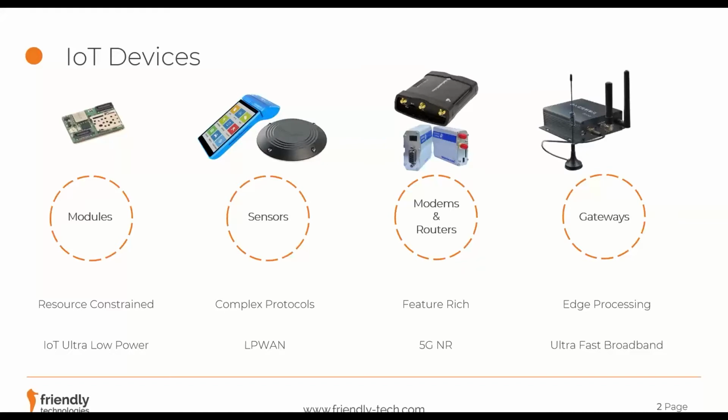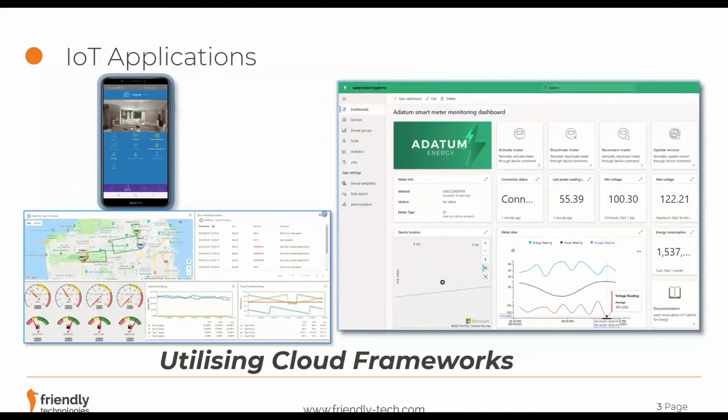Okay, so from a device's point of view, you have all this complexity, different protocols, different networks, different payloads, different interfaces, and so forth. Right up to, at the end, what you're looking for is representing those devices and their data and all the asset information in an application.